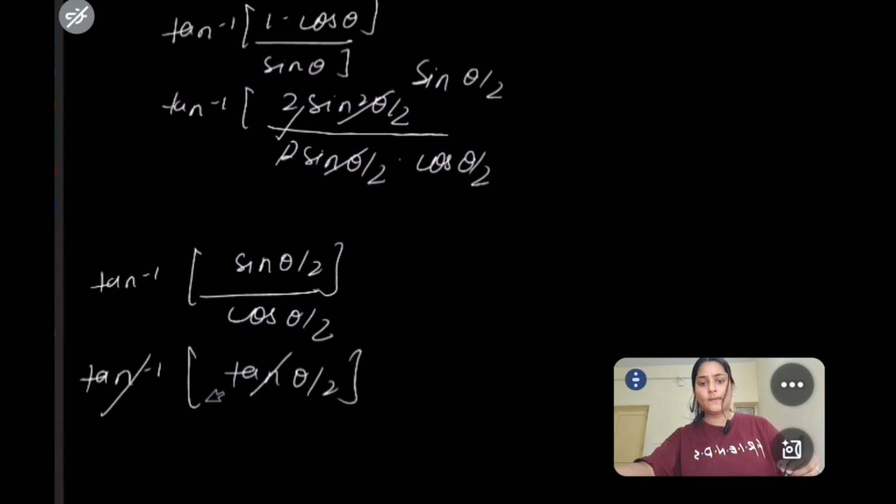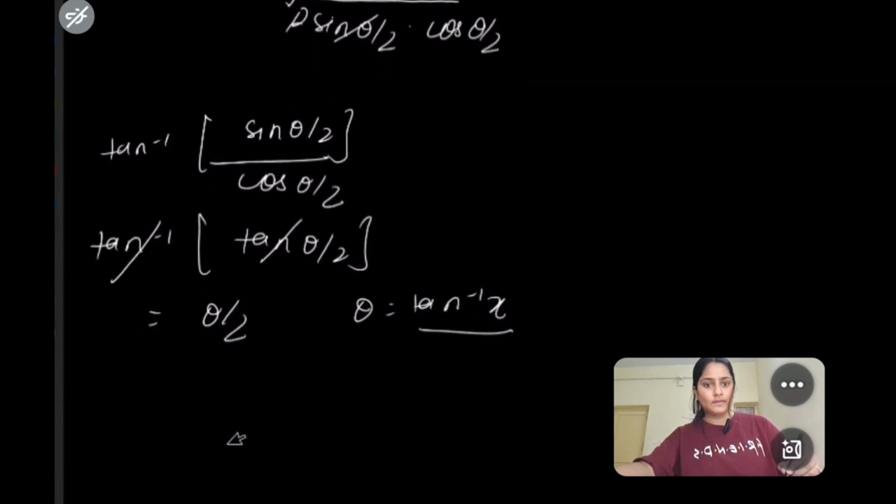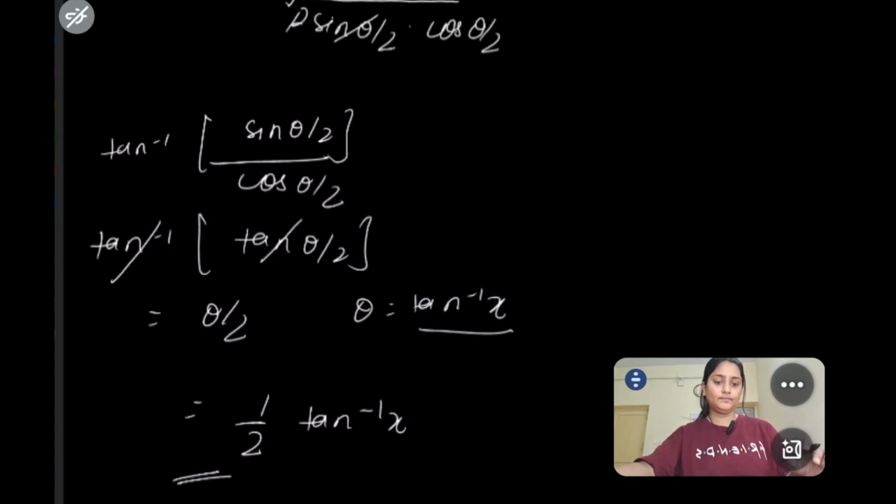Cut this tan inverse and the answer will be theta by 2, where we have written theta equals tan inverse x above. So now the answer will be 1 by 2 tan inverse of x. This is the simplified form.